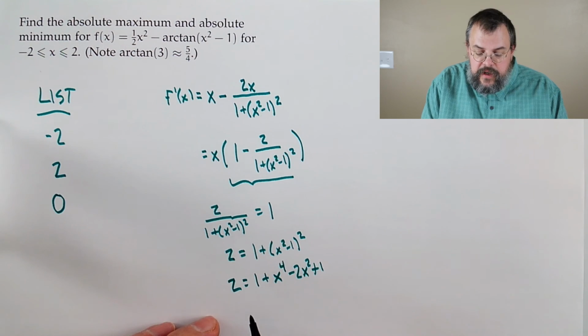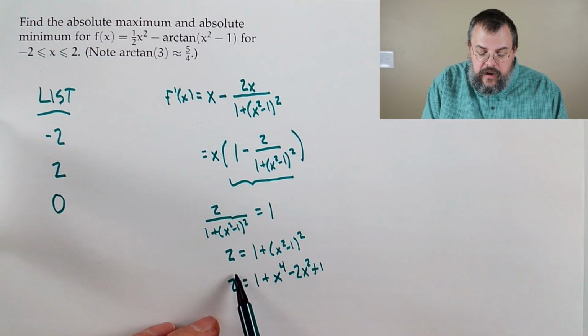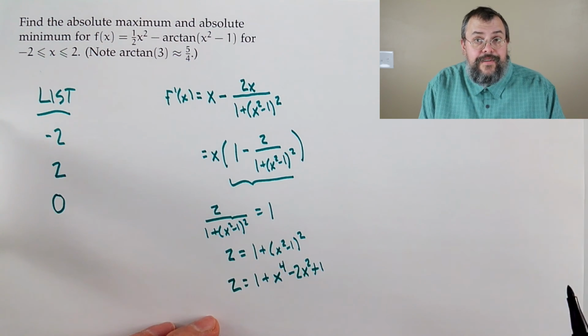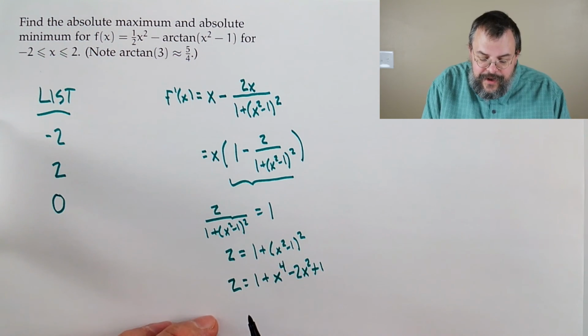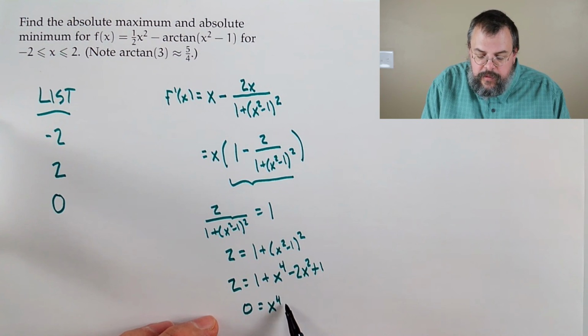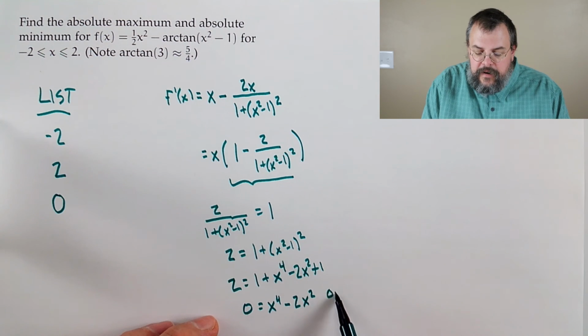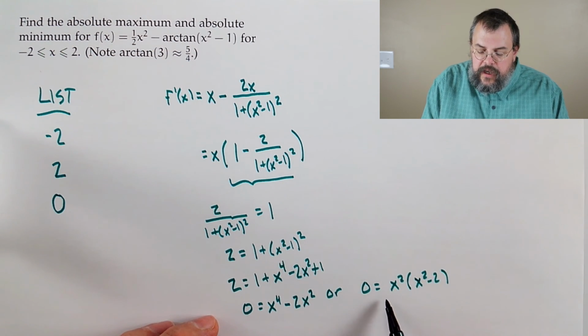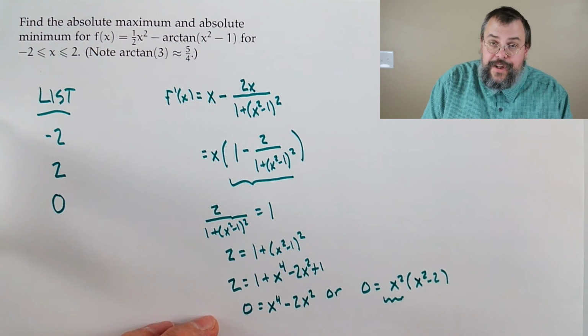And that equals 2. Now notice what happens. All of your constants go away. Nice. Woohoo! So we're left with 0 equals x to the 4th minus 2x squared. Or we could say 0 equals x squared times x squared minus 2. And then that tells us that x equals 0 should be on the list, and it already is.